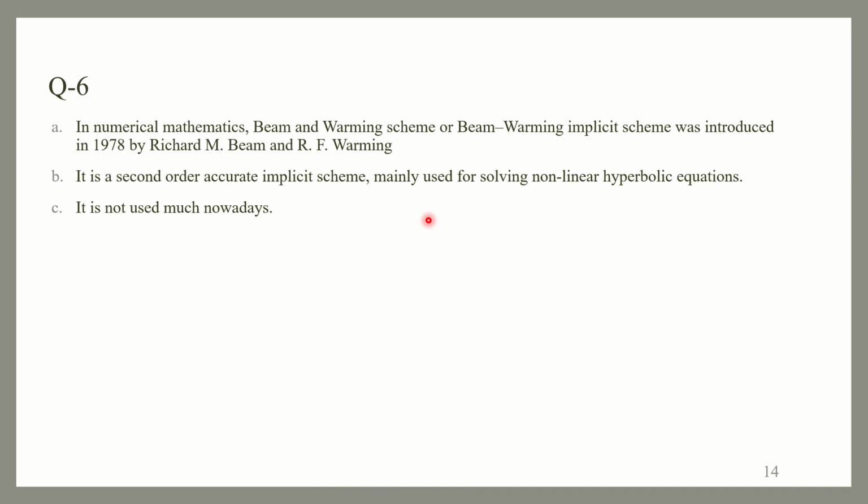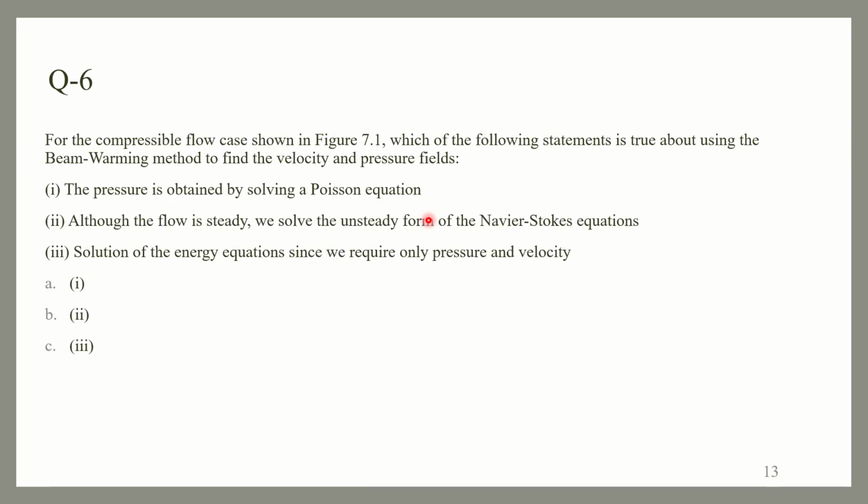So only the second statement was right, which mentions that we would be using the unsteady Navier-Stokes equation to solve, whereas the first one was wrong, as we would not be obtaining pressure from the Poisson equation.